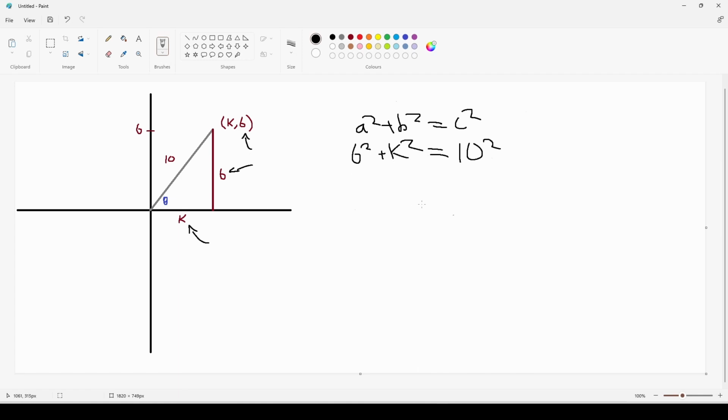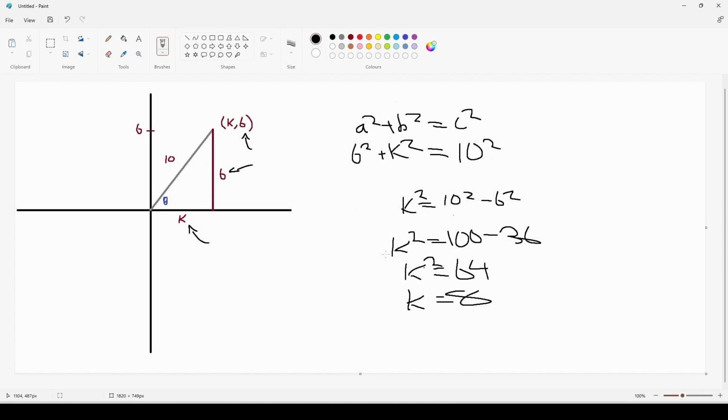Now we can rearrange this as k squared is equal to 10 squared minus 6 squared, which means 100 minus 36. So k squared is equal to 100 minus 36, which means k squared is equal to 64, which means that k is just equal to 8.